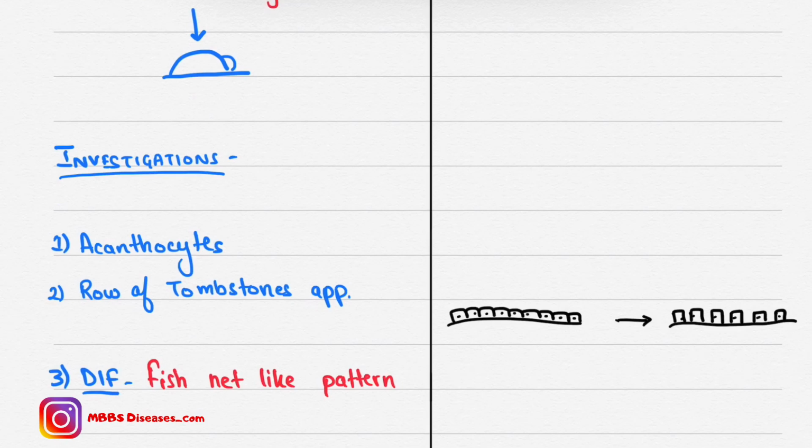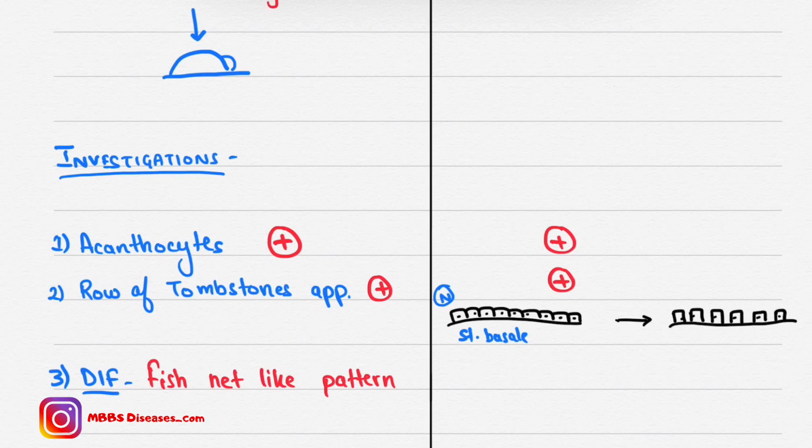So acanthocytes are present in both. Row of tombstone appearance is present in both. So what is tombstone appearance? We have the stratum basale layer, and these are the normal arrangement of the cells.